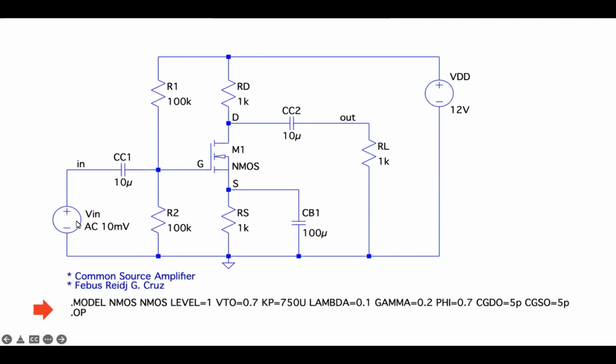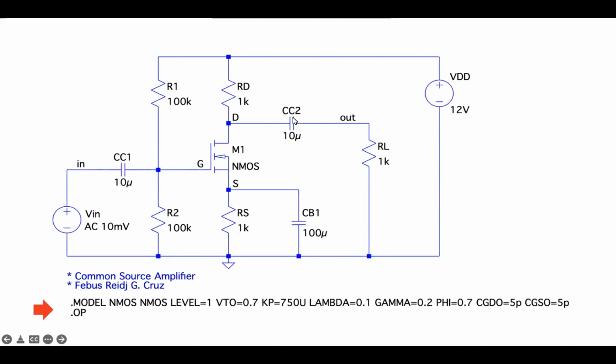All right, so we have here a common source amplifier, since the input voltage is connected at the gate terminal of transistor M1 and the output, wherein the load resistor is connected, is attached at the drain terminal of M1. So this makes the circuit a common source amplifier.